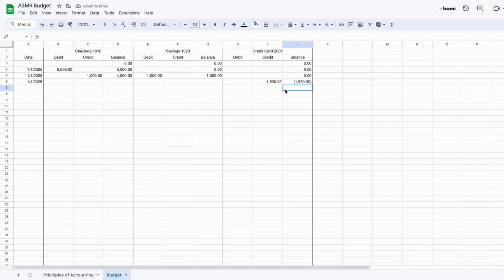And we see a negative number because we chose to represent our liabilities as a credit, as a negative number. Click, drag, click, drag. Let's make sure we remember to pay this off in a few days.